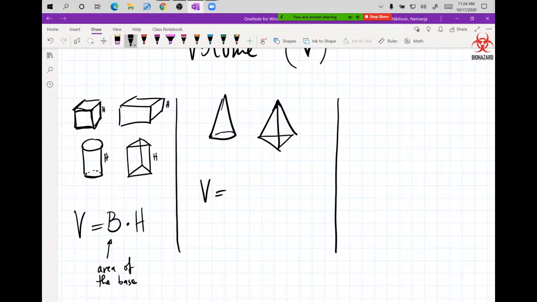And their volume is just 1/3 base times the height, so again, area of the base. If you are able to compute the volume of any of the objects in the first group, then just multiply that by 1/3 if it has a spike on top. So cones and pyramids and all of that.